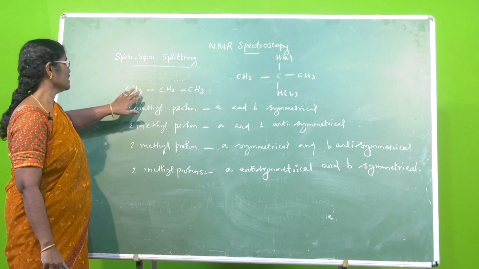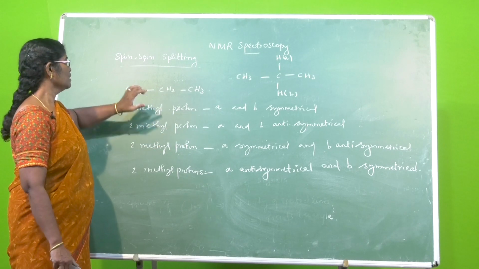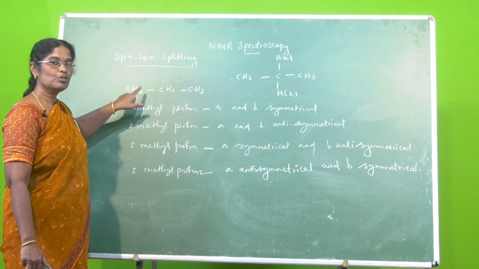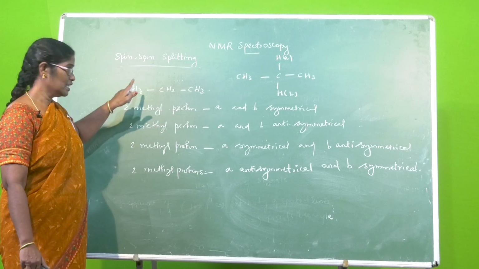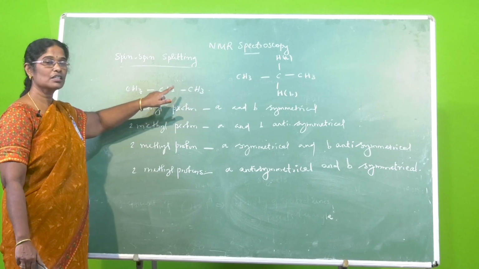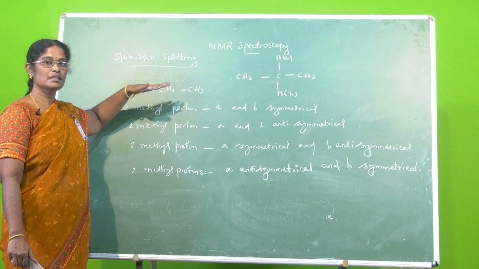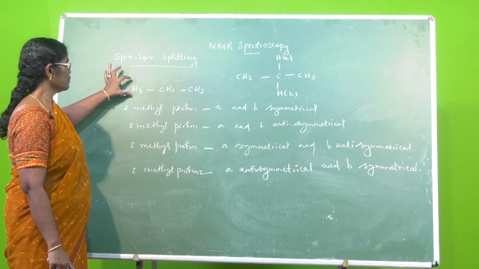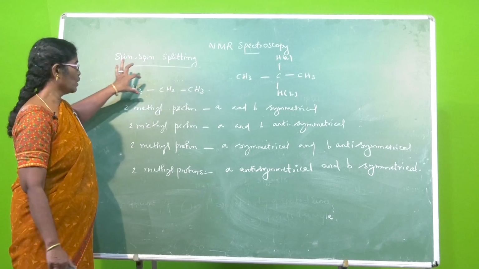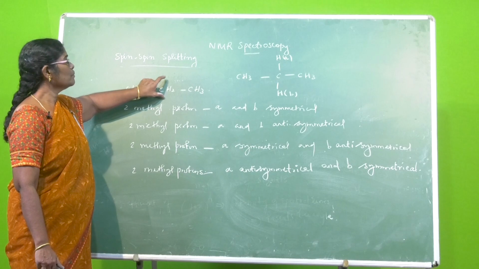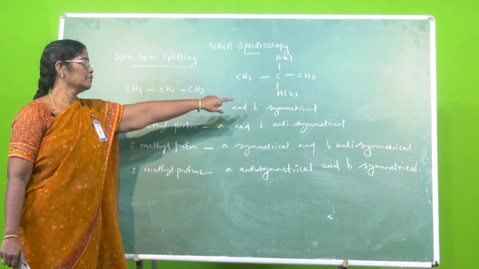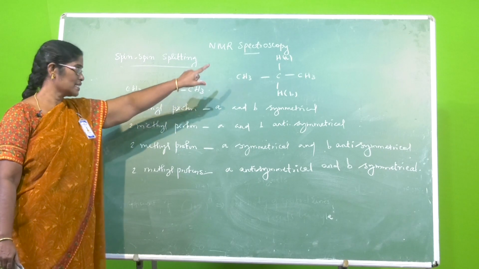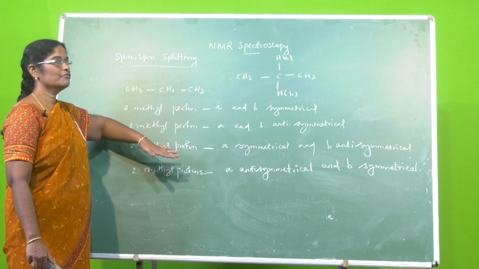Here, if you take n-propane as the example, there arise different environments of methyl protons and methylene protons. Even though the two methyl protons are considered chemically equivalent, and one is the methylene proton. Here, the methyl protons, which are equivalent, can interact with the methylene protons labeled A and B in 4 different ways.